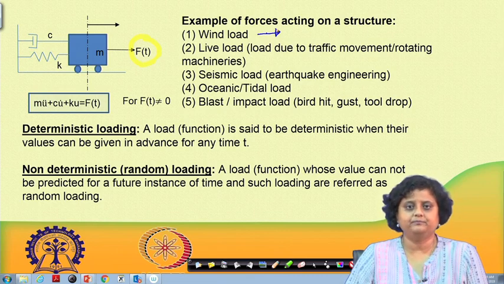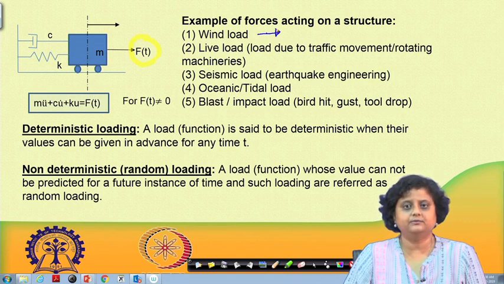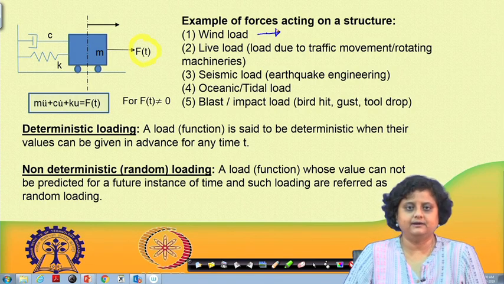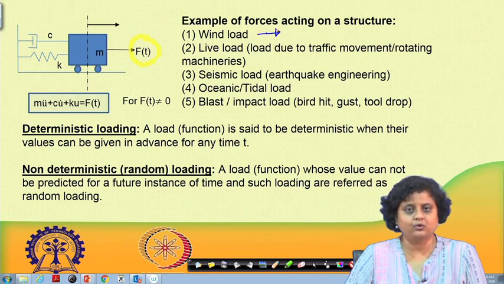Analyzing vibration or dynamics of a structure under non-deterministic load falls under a special class of vibration called random vibration. There are separate courses for understanding and analyzing random vibration of a structure.